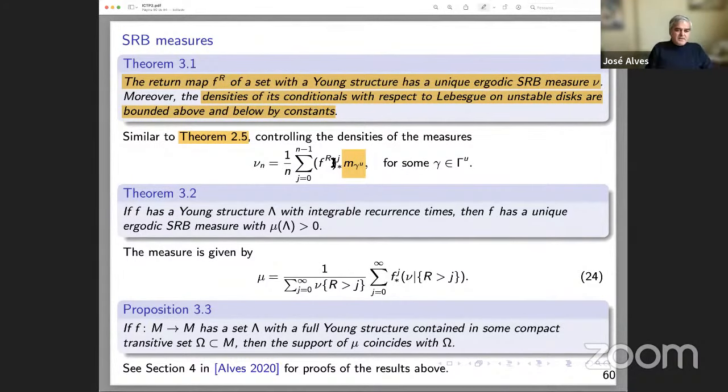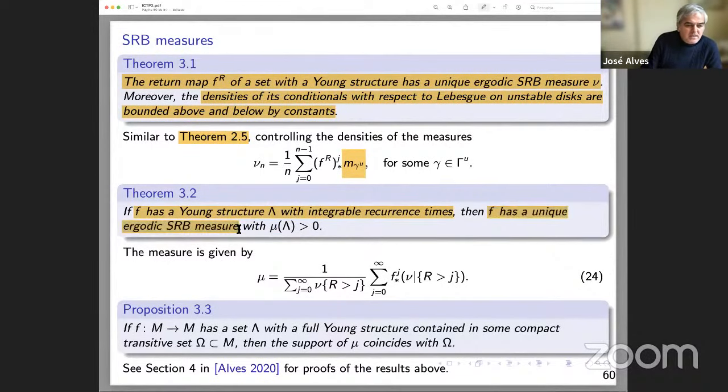And so a weak star accumulation point will be the SRB measure. And again, since we have a unique ergodic SRB measure for the induced return map, then we can push it to the original dynamics. So if F has a Young structure with integrable recurrence time, and here the integrability as before is important, then F has a unique SRB measure.